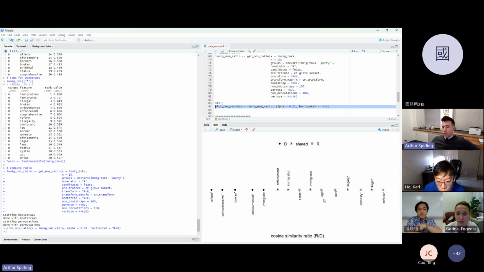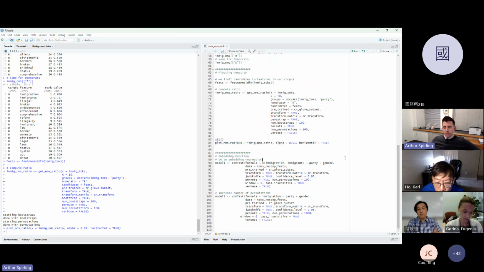There are words that both sides use, so laws, legal, border, and so on. And then there are words which are very Democratic in how they use them: undocumented, comprehensive reform, broken, immigrant. This kind of makes sense, but it's still helpful to get a sense of how these different parties use these terms about immigration.